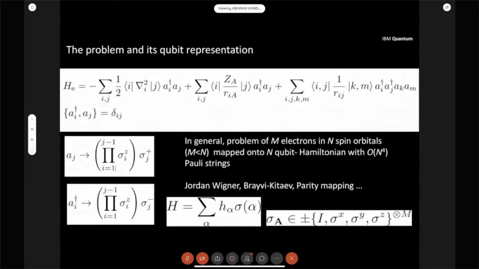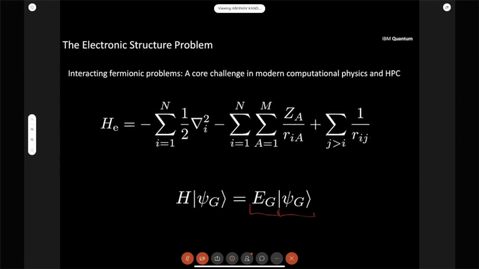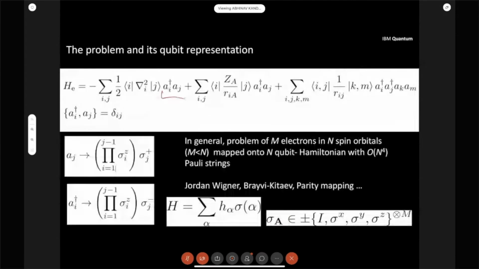So you've been introduced to second quantized notation in the past, but essentially the Hamiltonian that I showed on this slide can be expressed in terms of fermionic creation and annihilation operators, okay, which satisfy these fermionic commutation relations.